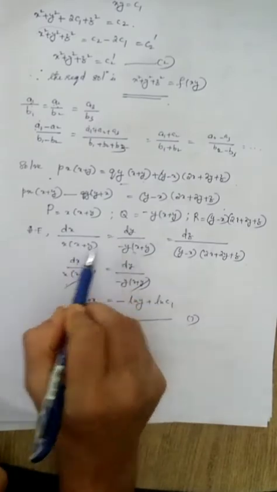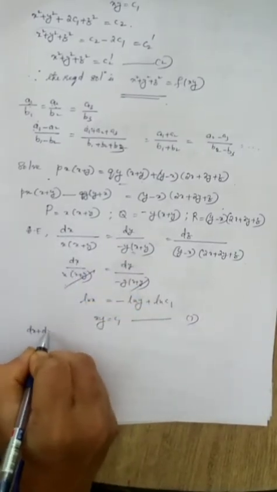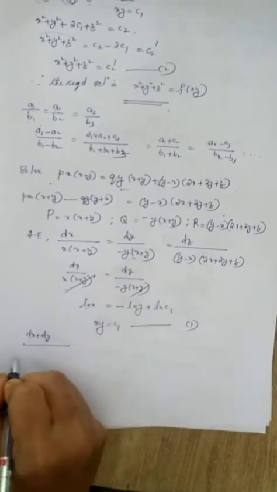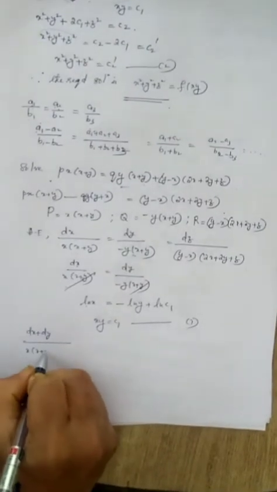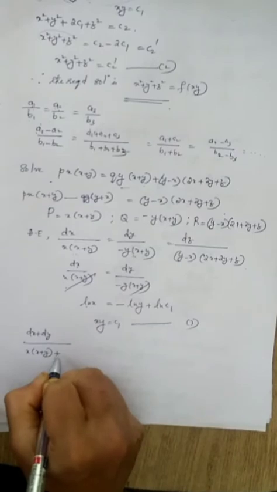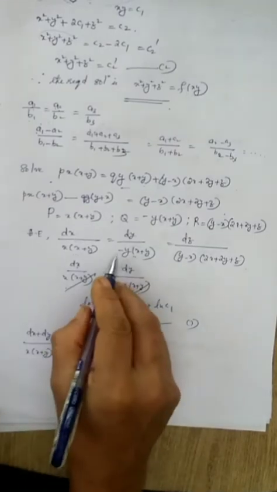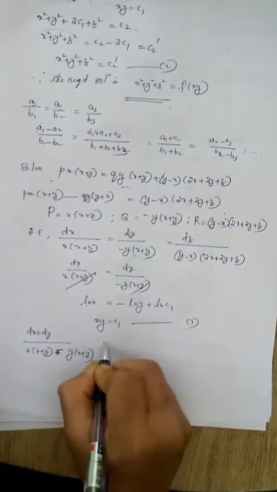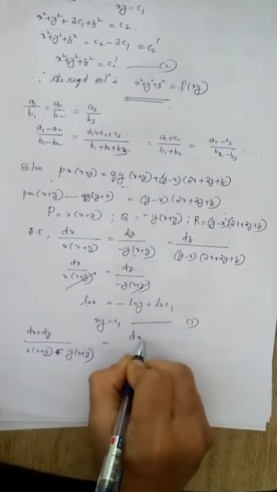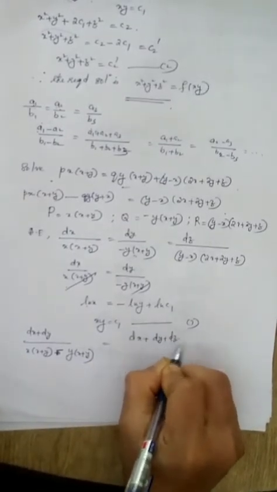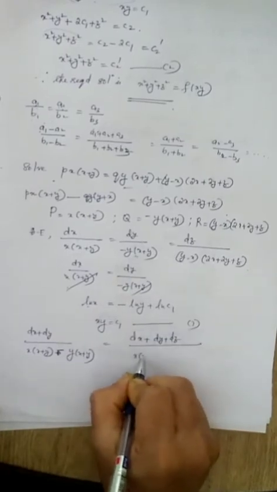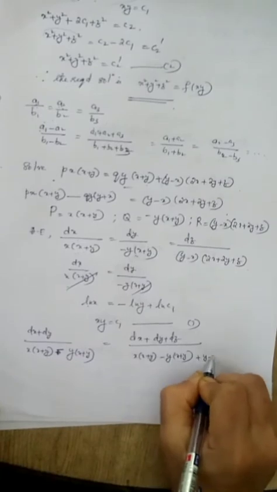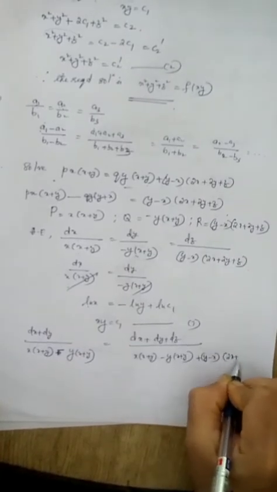We are adding the first two ratios, that is dx plus dy by x into x plus y plus minus y into x plus y, equal to dx plus dy plus dz by x into x plus y minus y into x plus y plus y minus x into 2x plus 2y plus z.